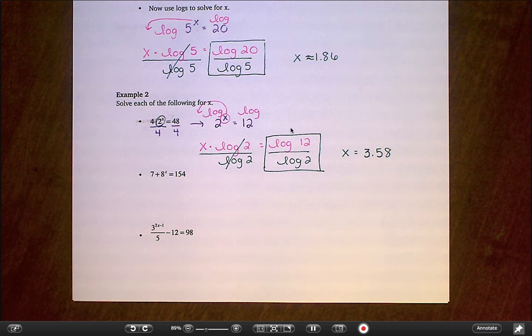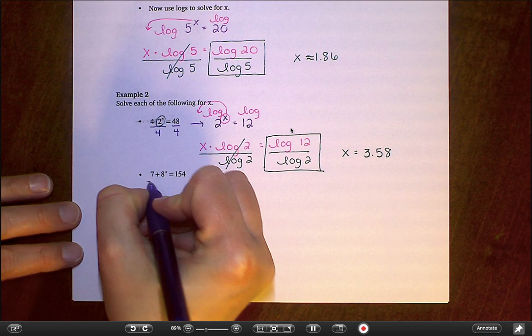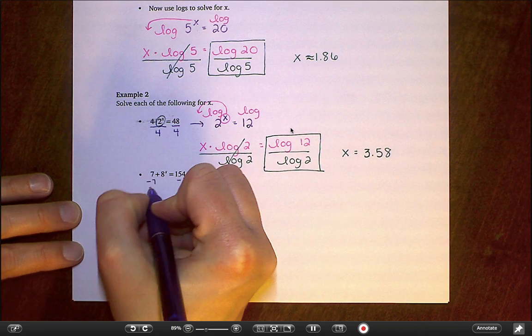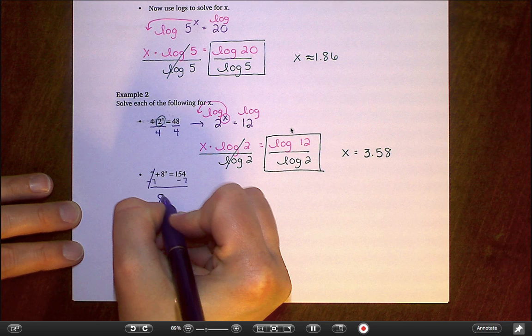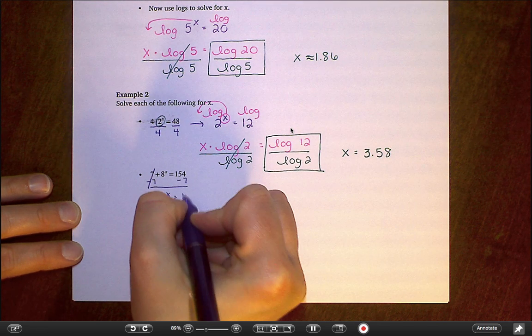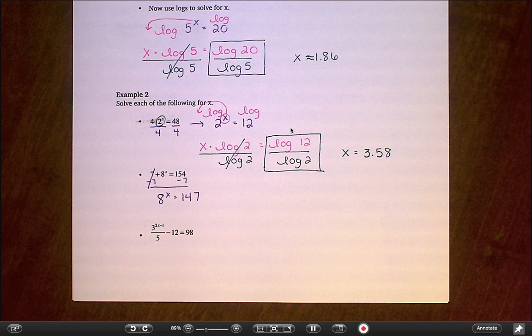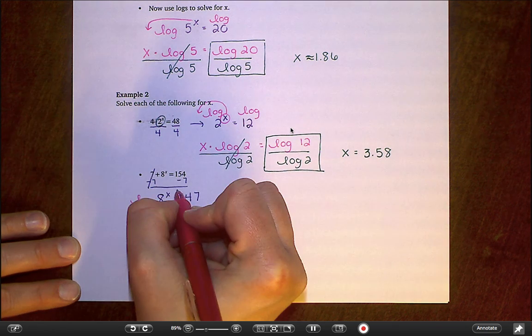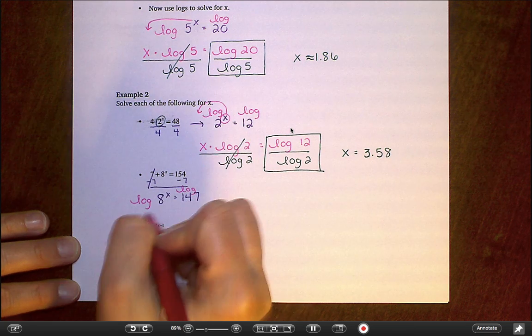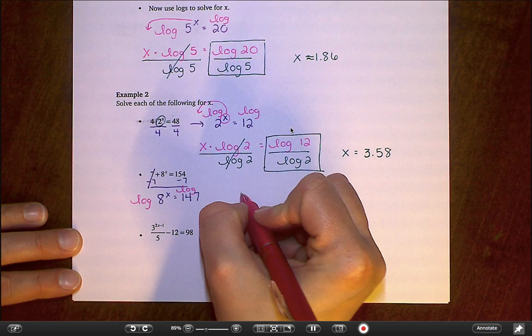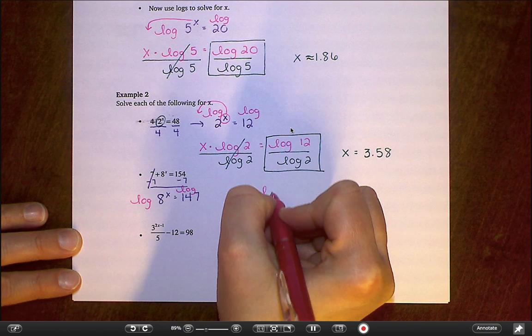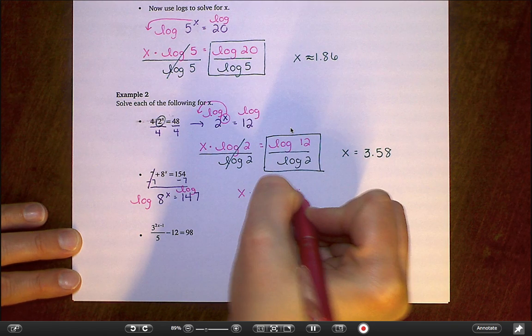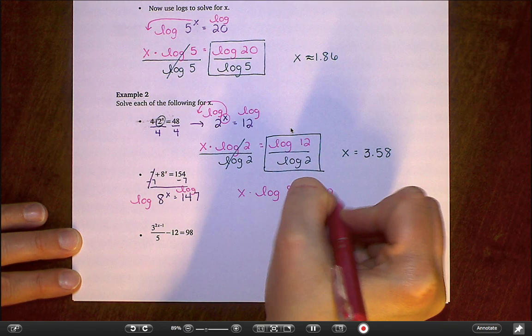Okay, so let's think about that next one. On that next one, first thing I would do is probably subtract the 7. So we end up with 8 to the power of x equals 147. Log on each side. Move the x down in front, so we end up with x times log 8 equals log 147.